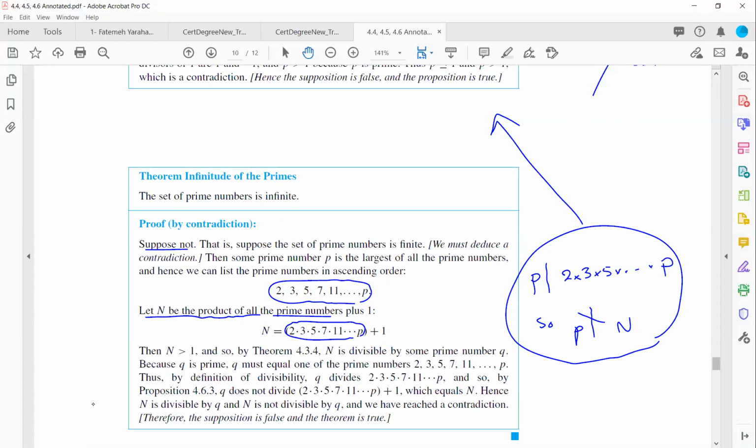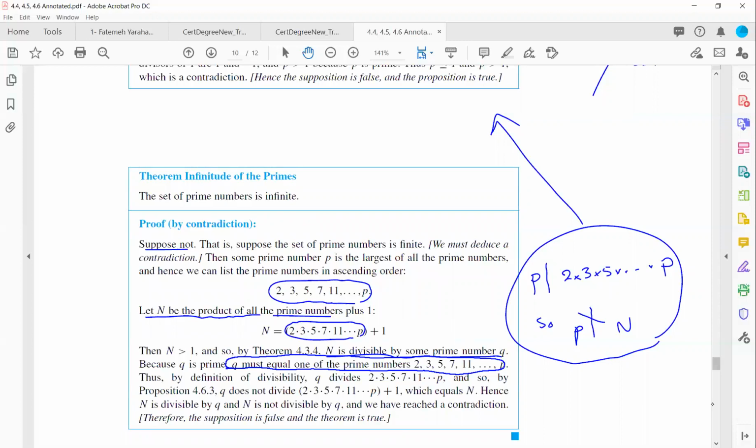Of course, n as a number is divisible by some prime, let's say q. And note that you assume the set of prime numbers stops somewhere. So q is a prime number equal to one of these prime values.